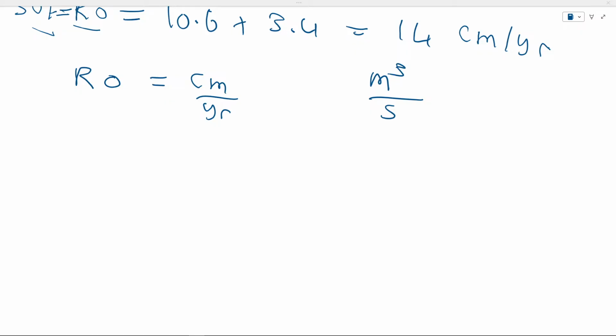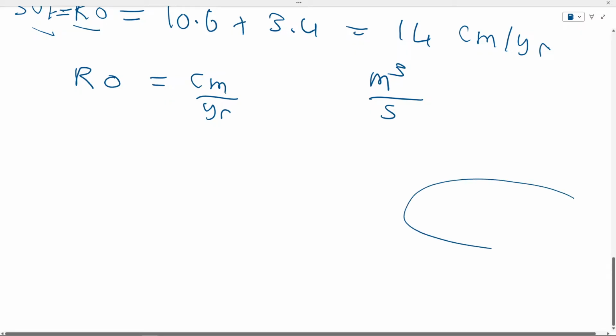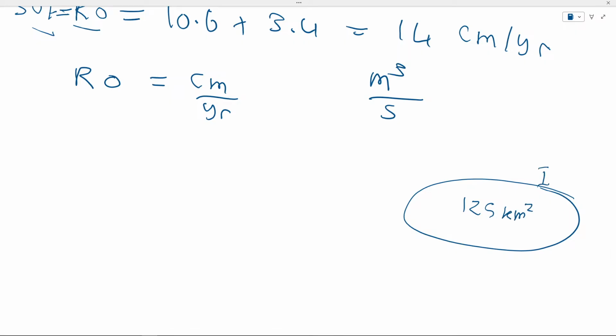This is centimeter per year, and the basin is 125 kilometer square. We need to convert this to meter in order to get something at the end in terms of meter. And we need to convert the year to second. So we have a lot of conversions to do here. Let's do it.